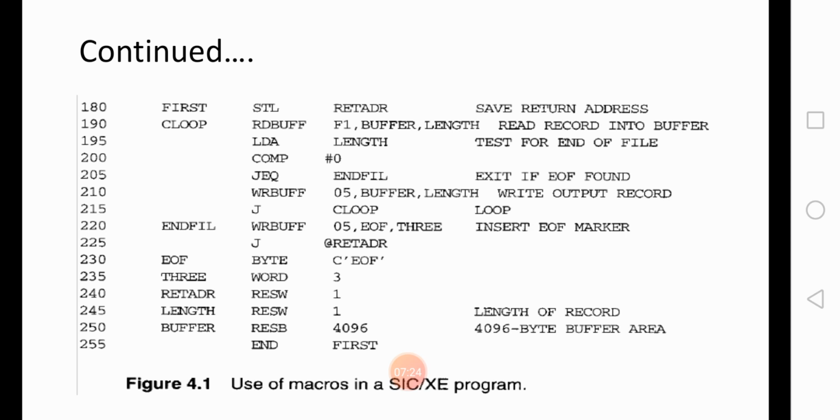It is a macro invocation statement that gives the name of the macro; whenever it is executed, the invoked arguments are used in expanding the macro. So at line number 182, we are expanding our macro instructions.